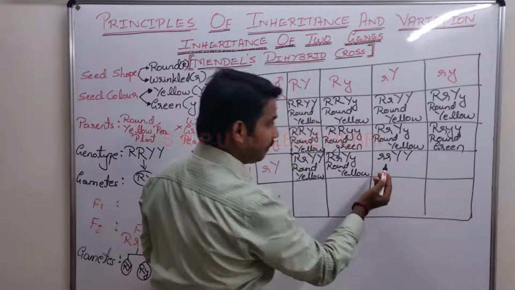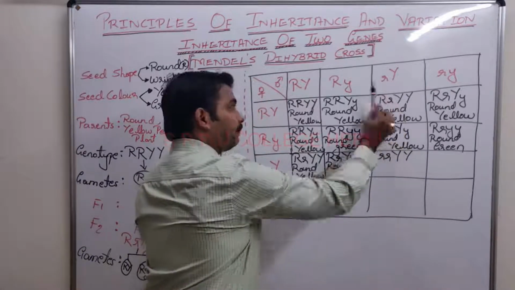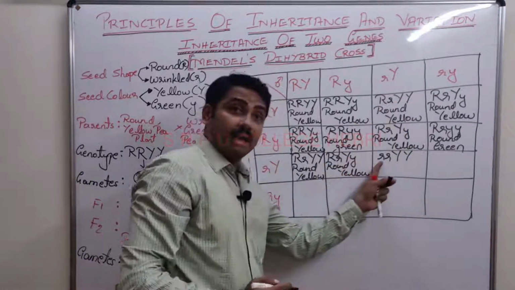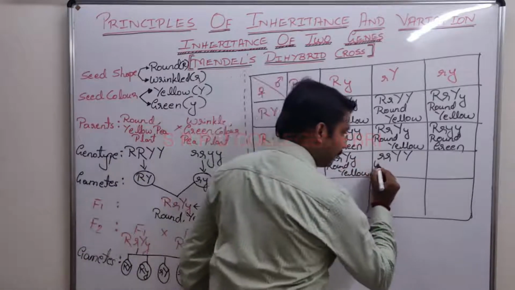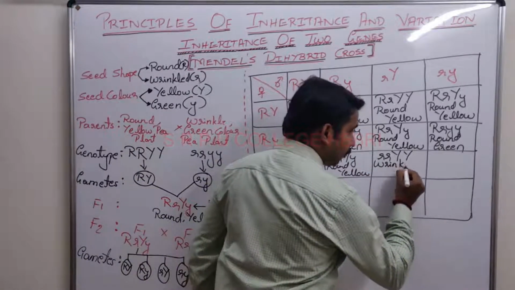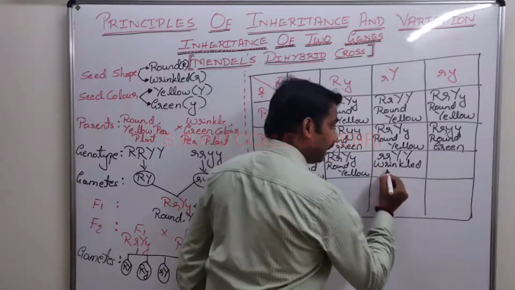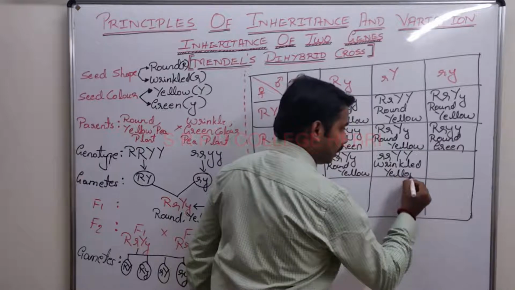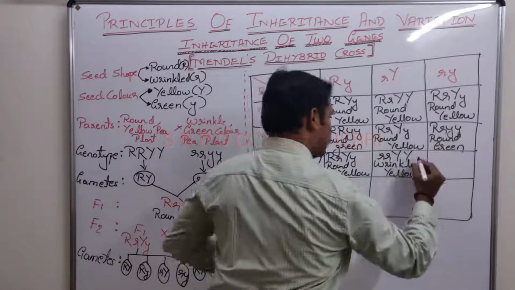It is very simple. Look at here, you have to be very careful. Small r, capital Y. Here both are recessive alleles. Hence, what is the seed shape? It is wrinkled, and here there is a dominant allele, hence the seed color is what? Yellow, wrinkled yellow.